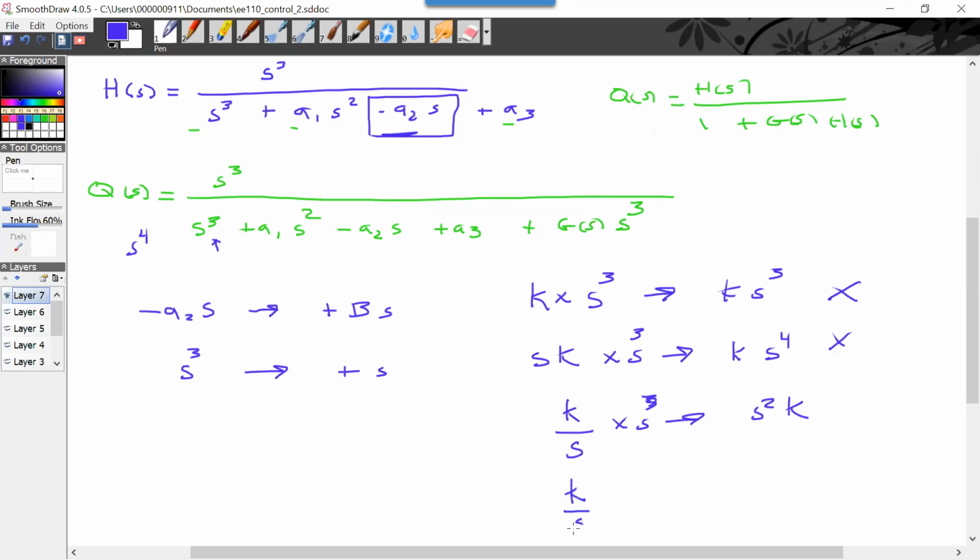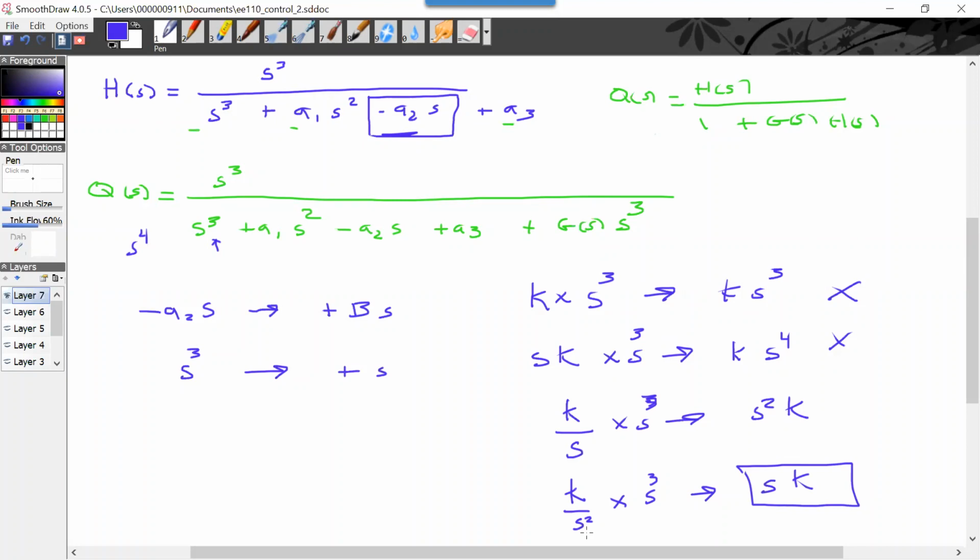So let's try K divided by S squared, which now you figured out at home. That's how I can convert this to an SK.